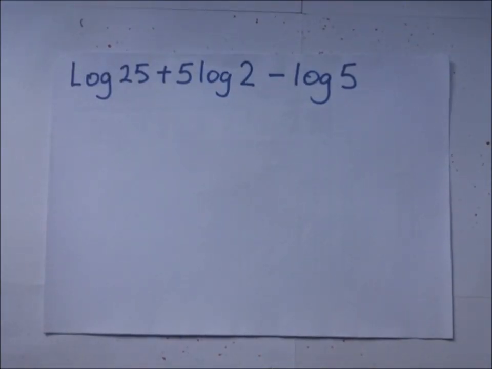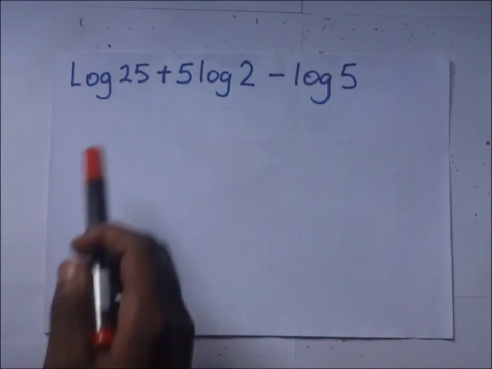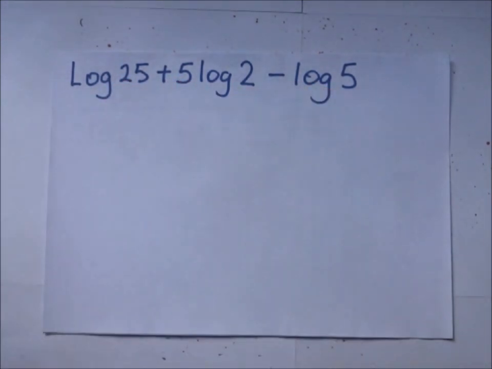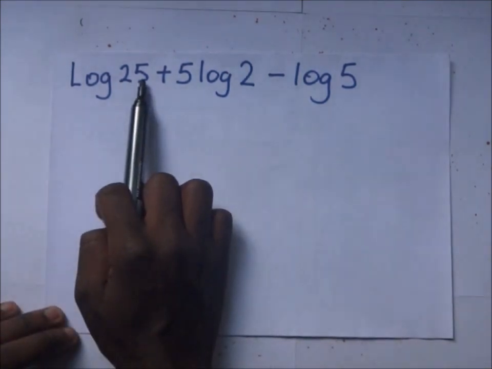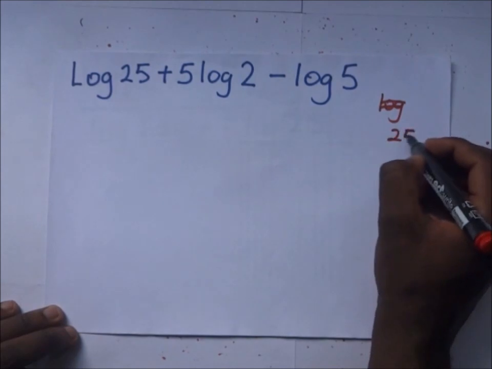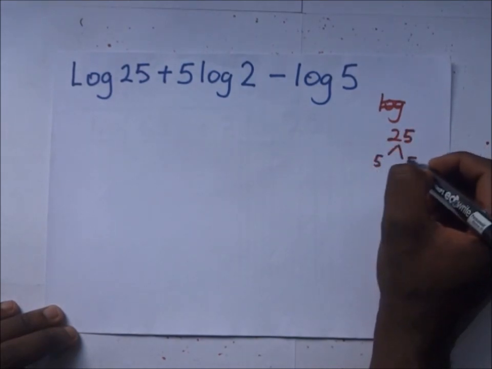In our next example, still the base is not given, so the base 10 will be assumed all through. So we'll go ahead and find log 25 plus 5 log 2 minus log 5. Now, the logarithm of 25, we factorize this 25 first. 25 divided by 5 is 5.